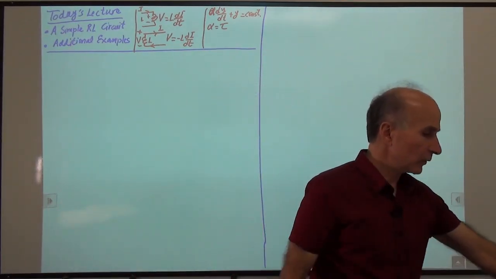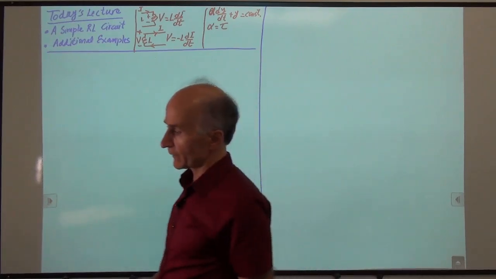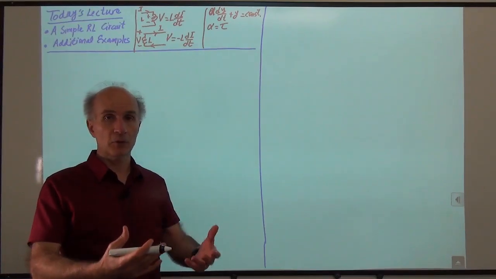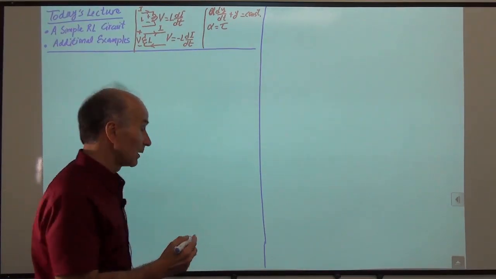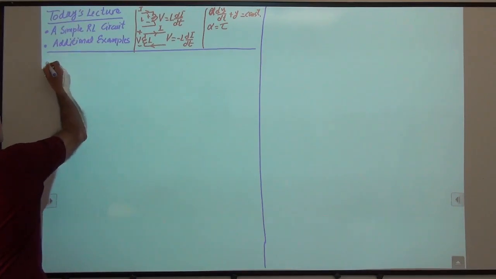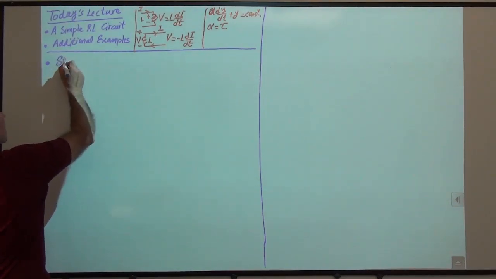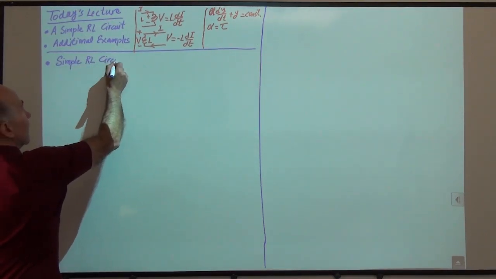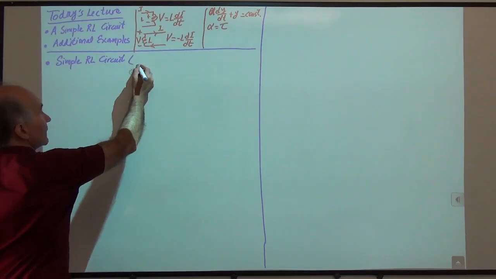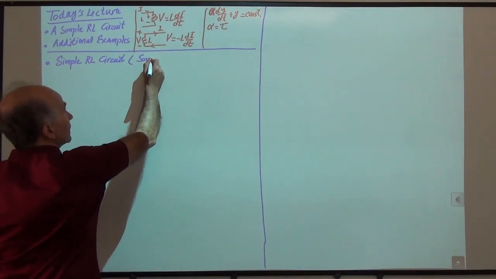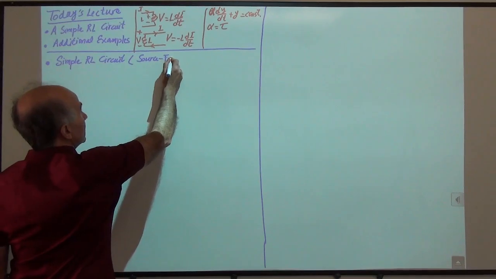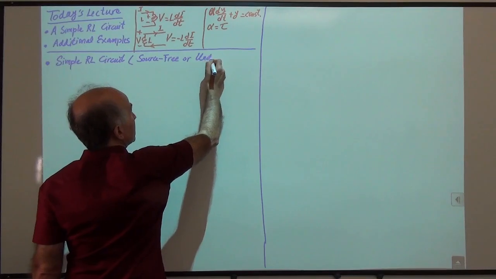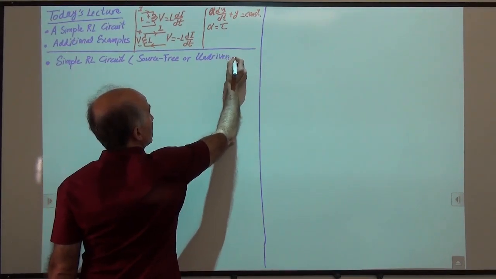Today we'll begin to look at circuits consisting of resistors and inductors and experiencing some sort of transient behavior. I'm going to start with a simple RL circuit, and we call this the source-free or undriven response.